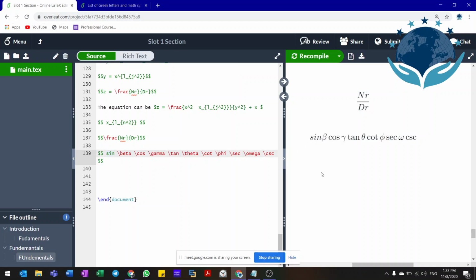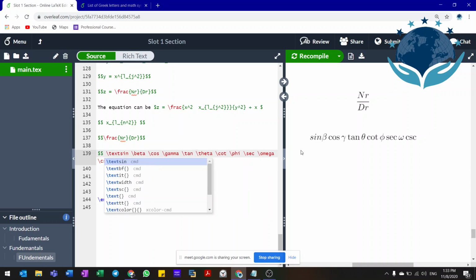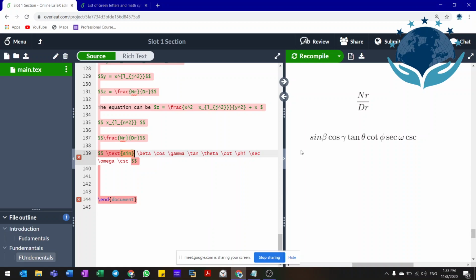In order to print any text inside the mathematical mode, you can use the function called slash text.